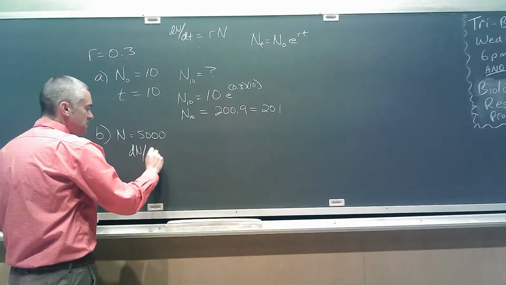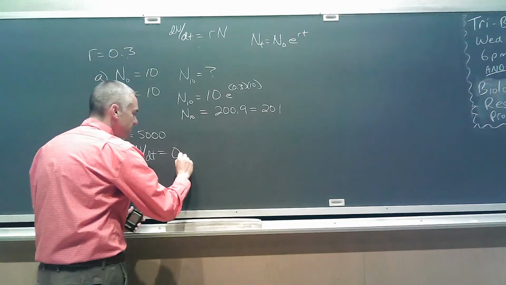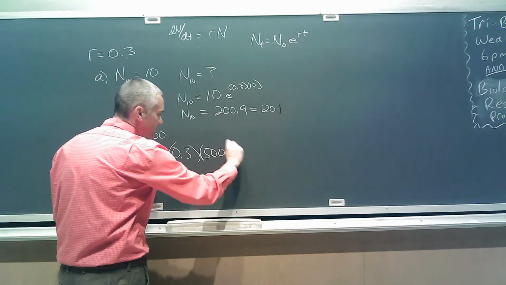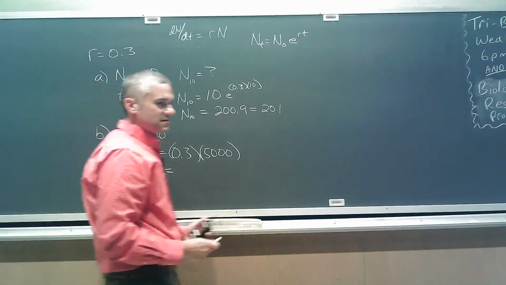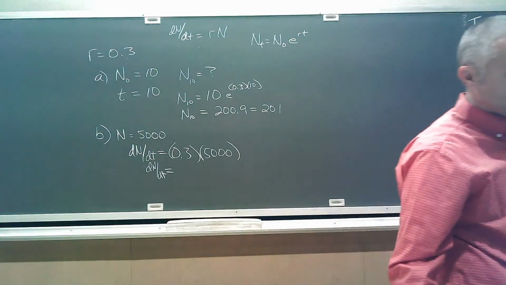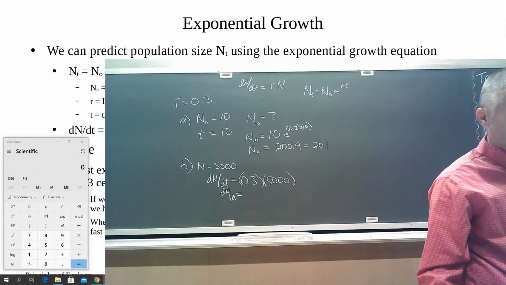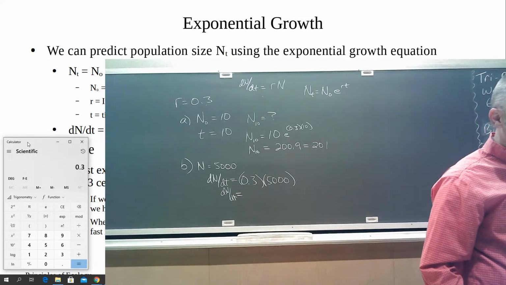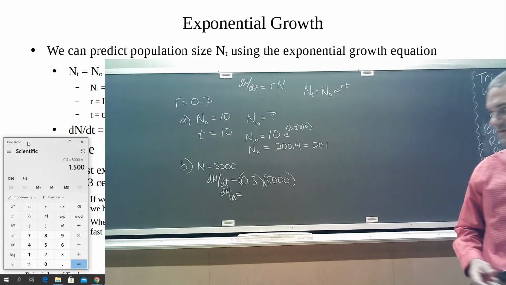So we're going to use this dN over dt. This is r times N. So it's 0.3 times 5,000. And what does that give us? Pull out my calculator. 0.3 times 5,000. I get 1,500.